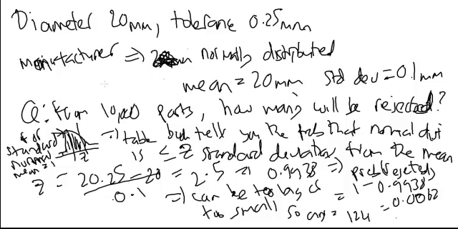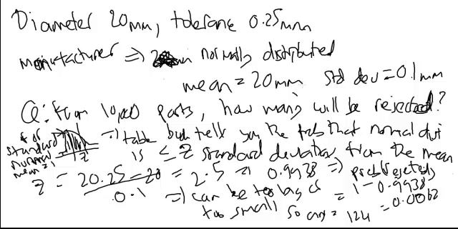So that's 124, because the question was, from 10,000 parts, how many will be returned? If the probability is 0.0062, then from 10 that'll be 0.06. From 100, it'll be 0.6.